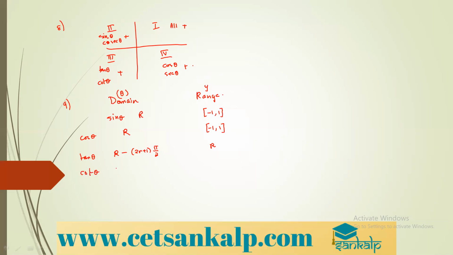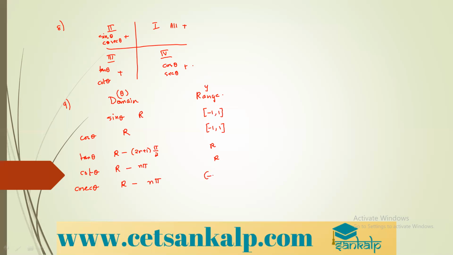Now for cot theta, theta can be any real number, but you should not take multiples of pi. The range, the graph can be seen everywhere from -infinity to +infinity. Cosecant theta, theta can be any real number, but you can't take multiples of pi.